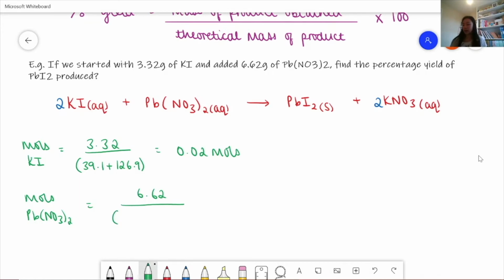So we have lead, which is 207.2. And then we have 2 nitrogens, so that's 28.0 because 1 nitrogen is 14. And then we have 6 oxygens, and so that would be 96.0. And so this gives us also 0.02 moles.